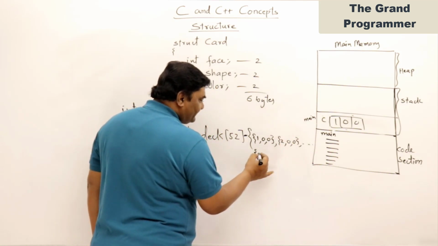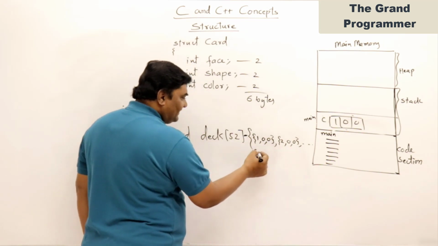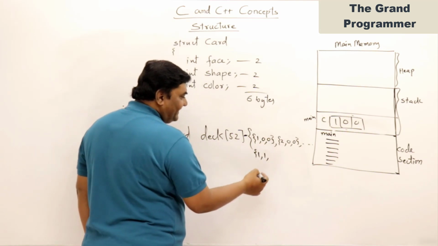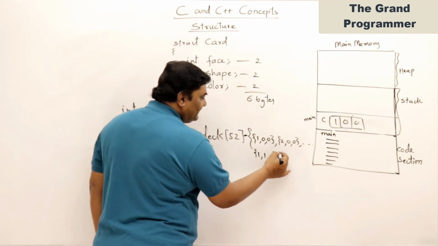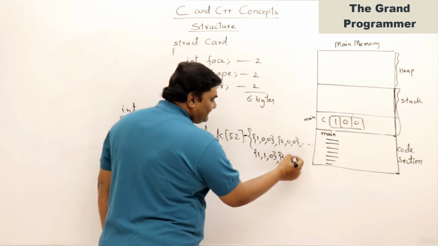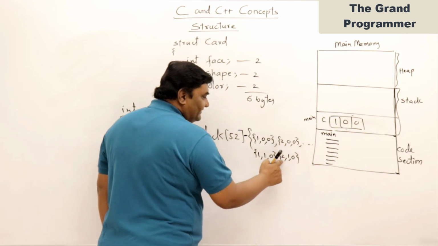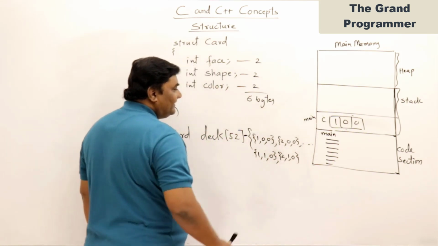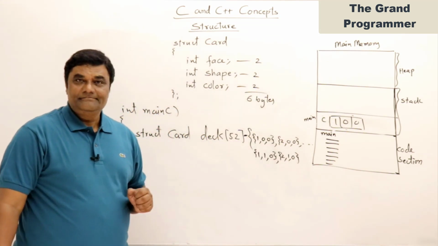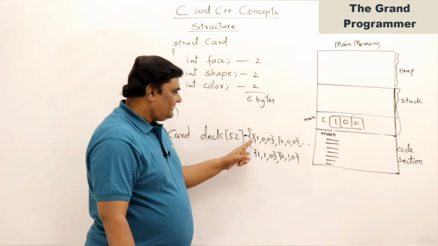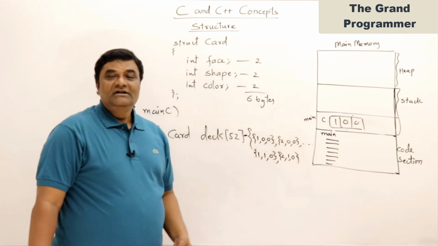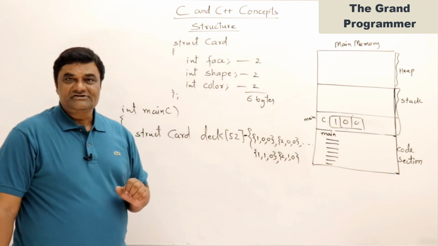Afterwards, if I want to start filling the other shapes, like ace of spade, next is spade and the color is 0, right? Then card value is 2 and it is a spade, so color is 0. So this is face value, this is shape, and this is color. Like this, I can fill up all 52 cards if I want to initialize them. So we can initialize an array of structures like this. This is the first structure, then second structure, and so on. In this way we can initialize an array of structures.